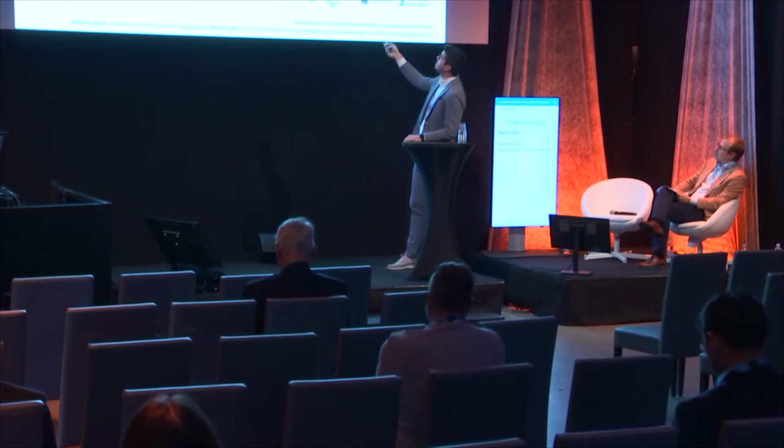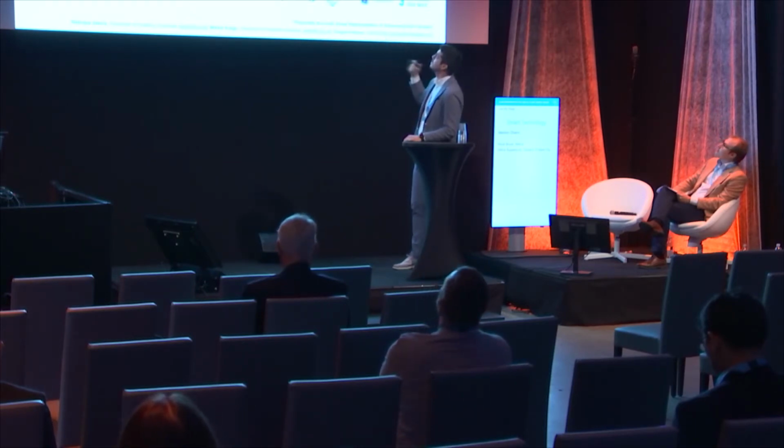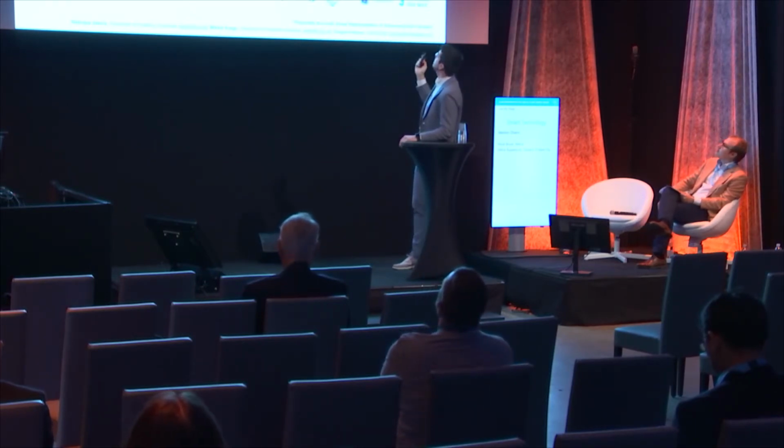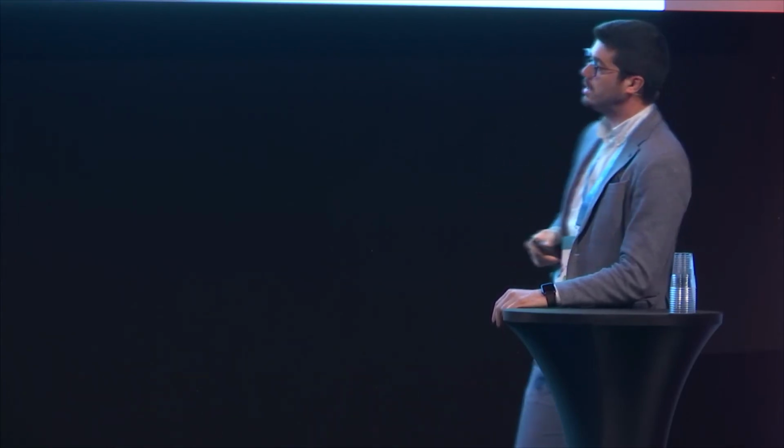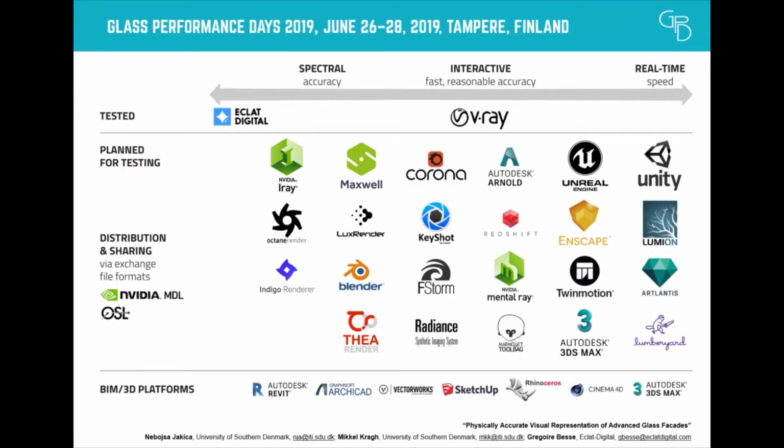Then we have interactive models that are fast with reasonable accuracy, and then we have real-time tools that are not designed for the accuracy, but for entertainment and for different purposes. But they are quite fast and interactive, and the market is really demanding this kind of preview.